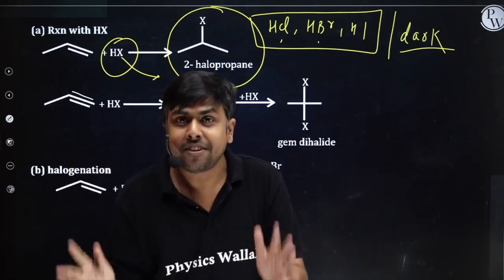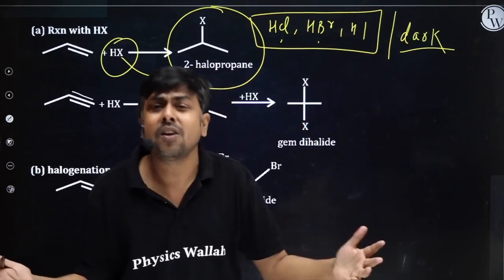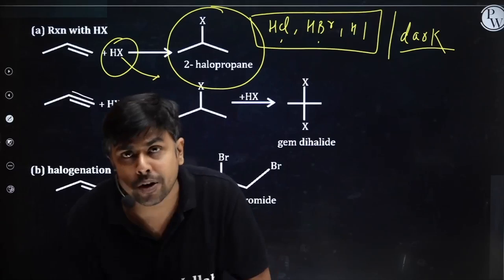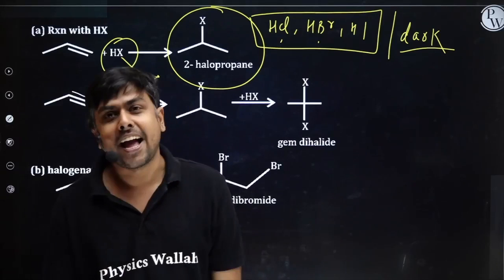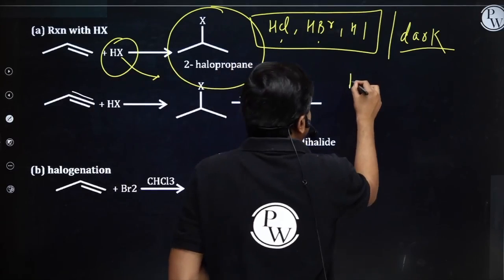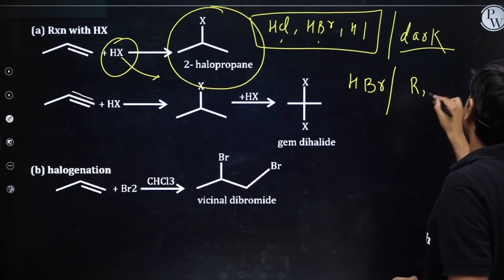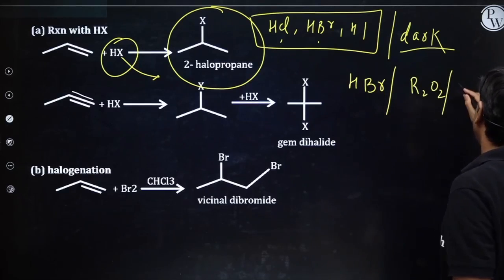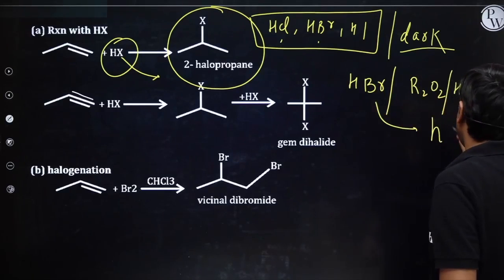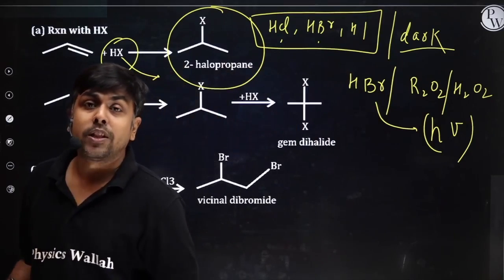So alkene treated with HCl, HBr, HI in dark, or even if dark is not mentioned, will give us Markovnikov product, and the product is alkyl halide. Alkene treated with HBr in the presence of R2O2, in the presence of H2O2, or even in the presence of h nu photons, here I will have anti-Markovnikov product.